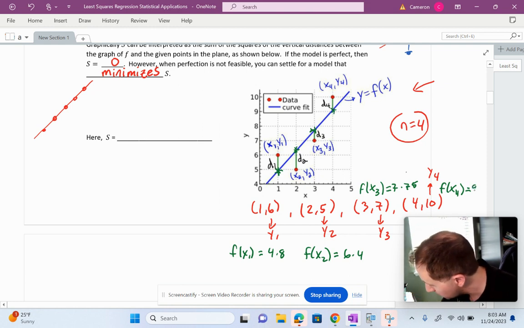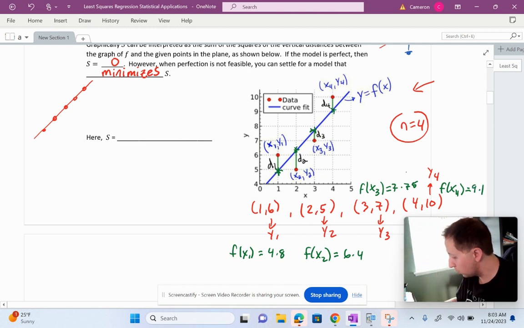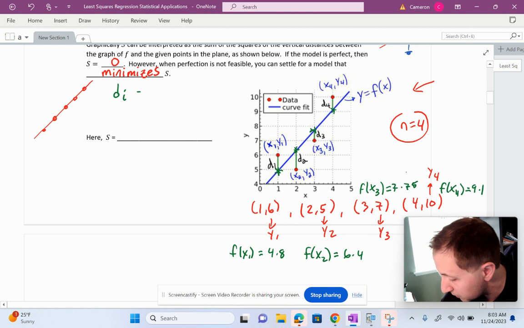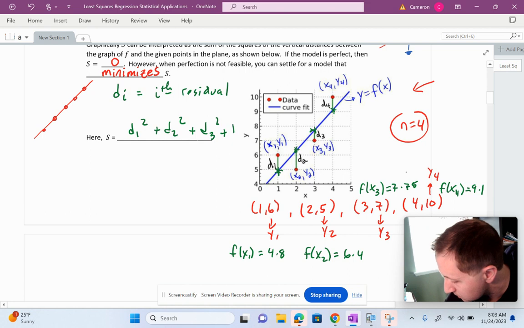And so all I'm going to do is sum the squared differences. Each of these gaps or residuals we're going to call d sub i. So d sub i represents the ith residual, the ith error. The sum of squared errors would be d1 squared plus d2 squared plus d3 squared plus d4 squared.